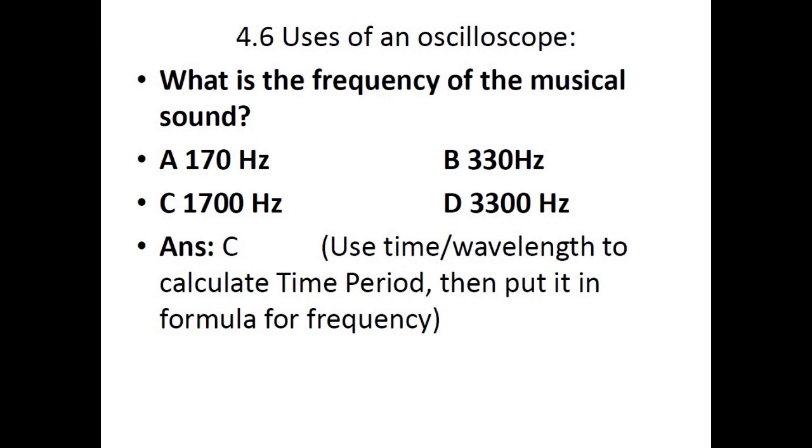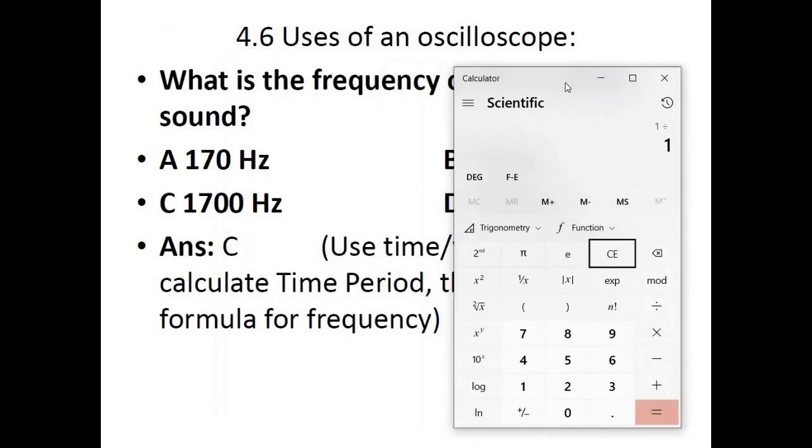Now what we need to do is use the formula, frequency equals 1 upon time. So 1 divided by 0.06 multiplied by 1000 would give us something like 16,000.